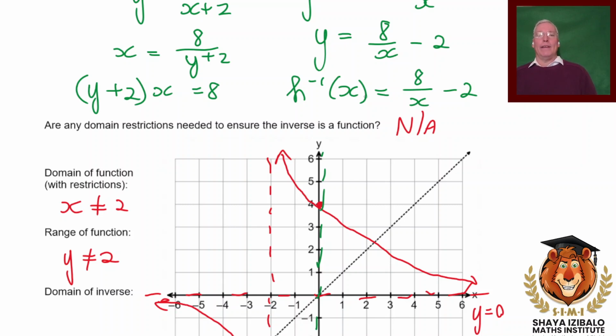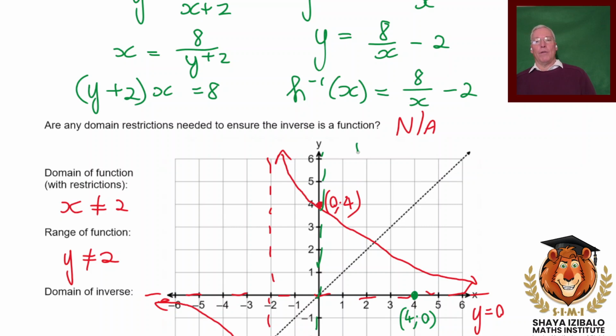And if y is 0, then we've got 8 over something, which must be 2. So, in fact, this point is going to be the x-intercept. That shouldn't surprise us because there's the point 0, 4. Swap that around. What do we get? 4, 0.